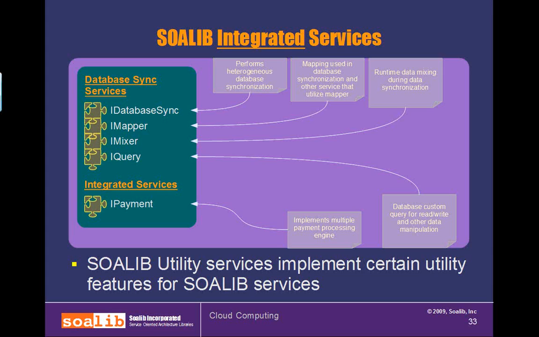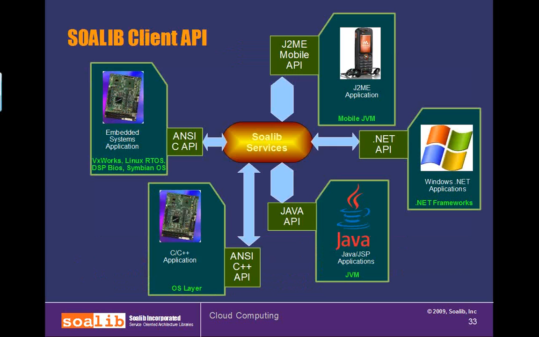Now, iPayment is a payment engine which can be used to process credit cards, debit cards, check cards, and various others. It depends on what card you have, and also on what kind of service level you want. This entire SOALIB application is a server-based application which you deploy on a server.